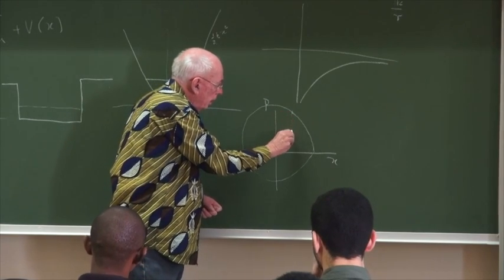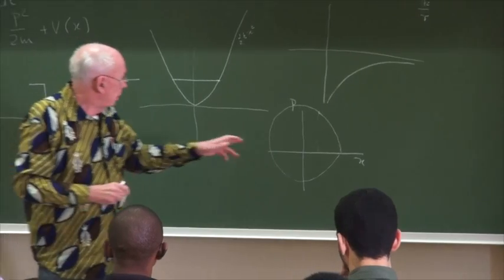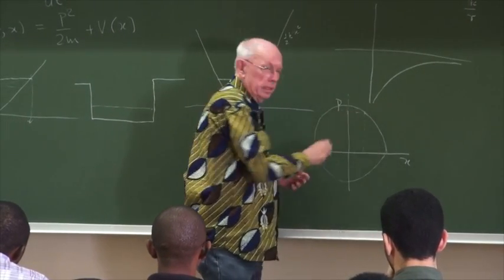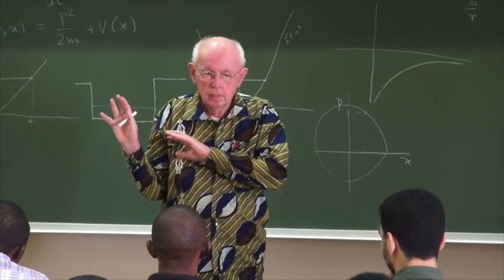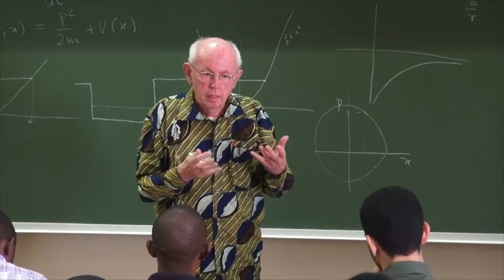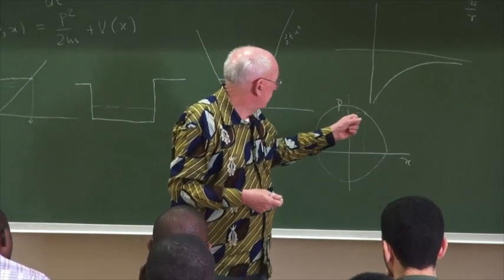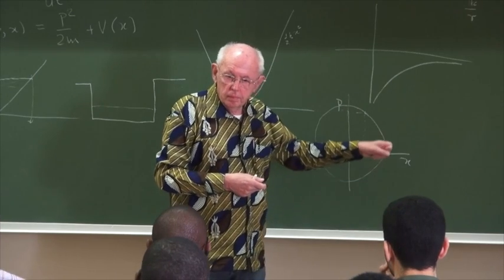And at this point, I can read off what is the value of X and what is the value of P. So that is actually the solution of our problem. We present it in this way. We say this is the solution of the problem.